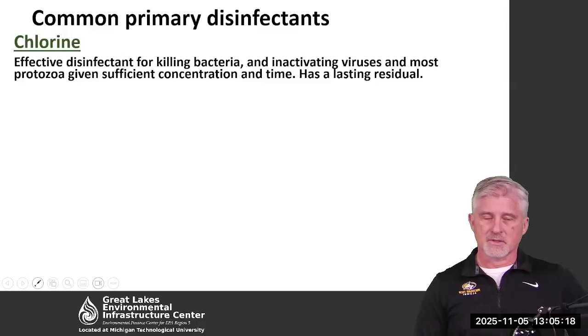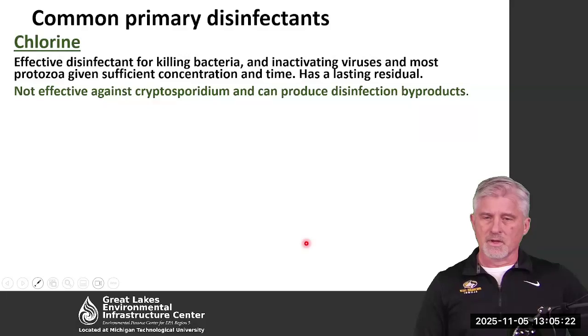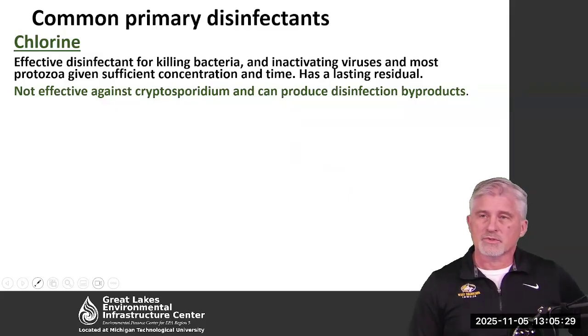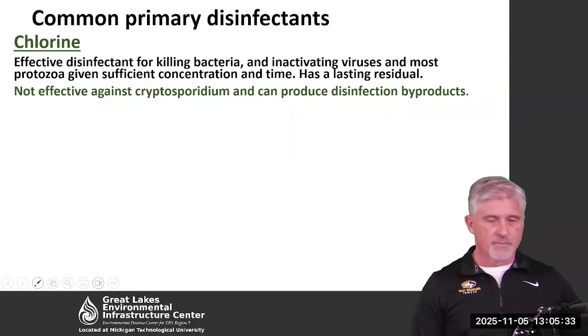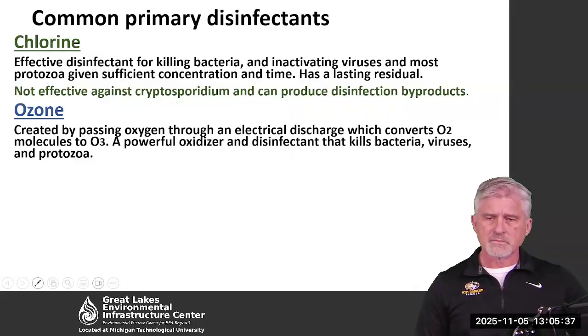We'll find that some of these others don't. And each one of these has its pros and cons we'll discuss here. Chlorine, one of the cons, it's not effective against cryptosporidium, and it can produce disinfection byproducts. Disinfection byproducts will be discussed as well, and that they can be problematic.